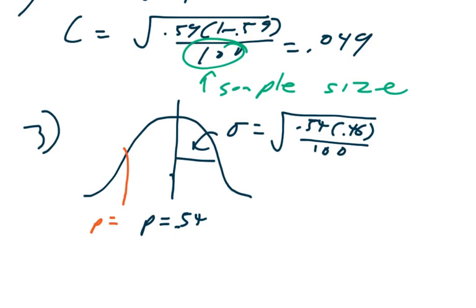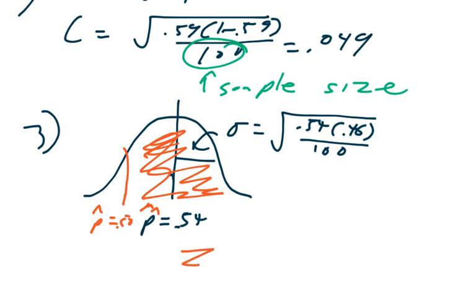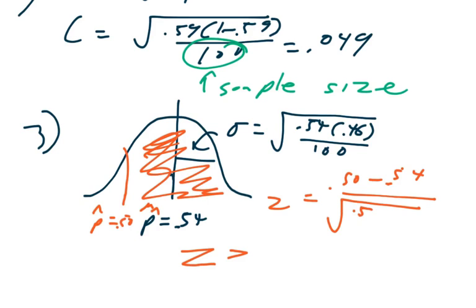That was the mu of p hat. Here's p hat equaling 0.50. So we're looking for all of this stuff. So z has to be bigger than, well, z equals 0.5 minus 0.54 over the square root of 0.54 times 0.46 over 100, which is negative 0.8.